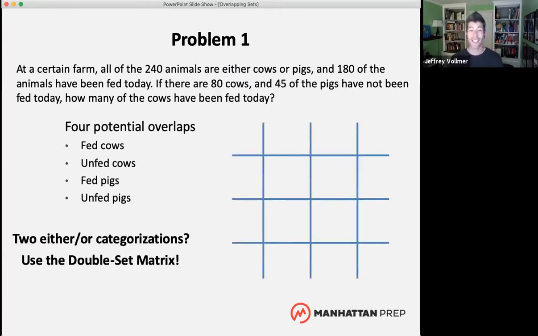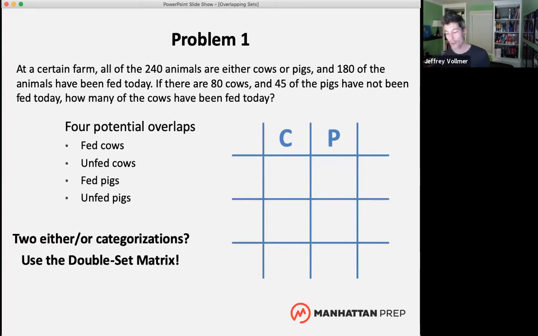So here's how you're gonna set this up, all right? 3 vertical lines, 3 horizontal lines. And you want to do this so you have 2 basically centered columns and 2 centered rows. In the columns, you want to place one of your either-or categorizations. So one of these animals is either a cow or it's a pig.